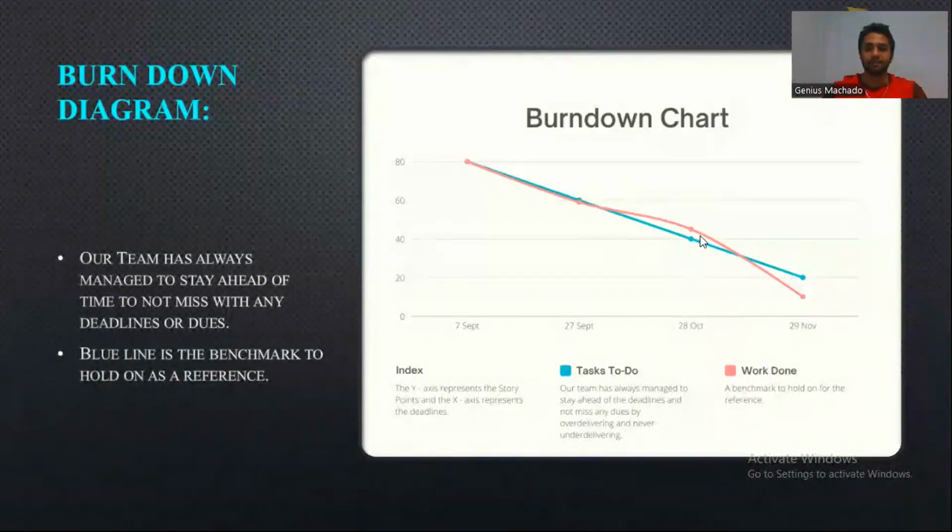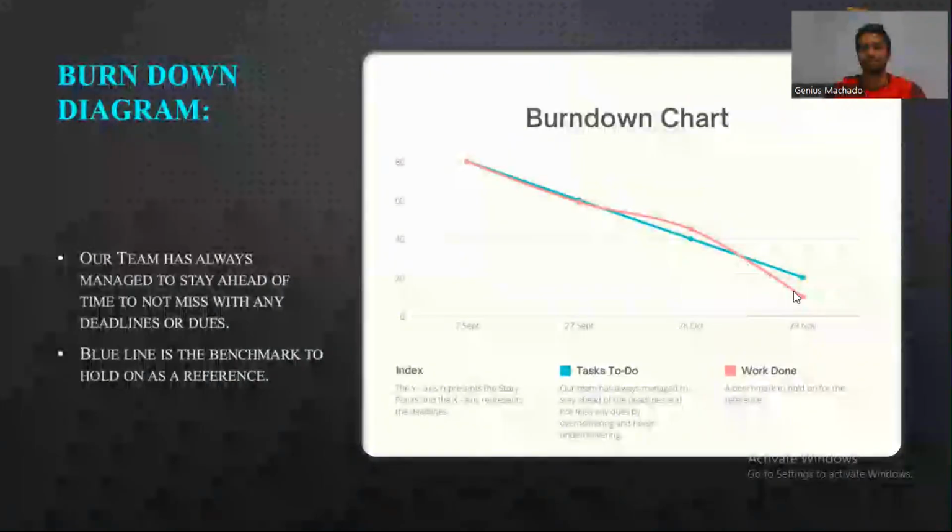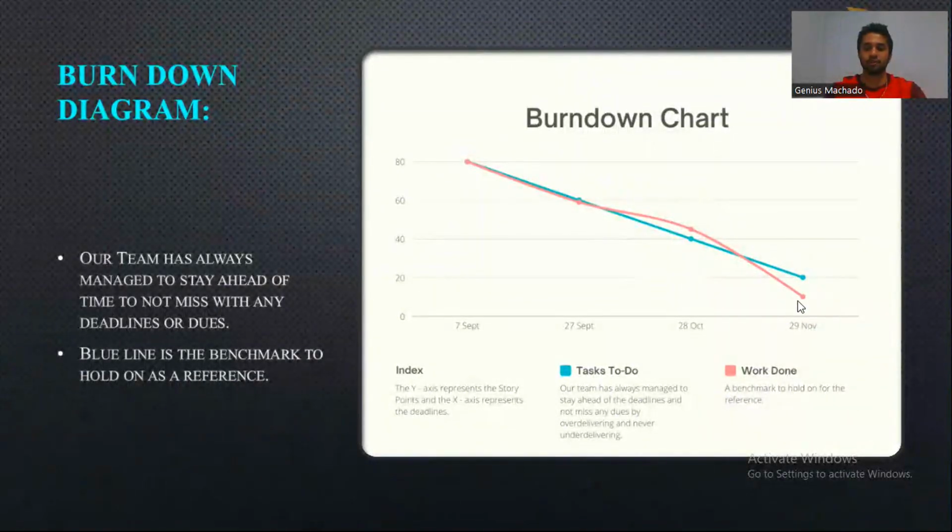So yeah, we had times where we had to over deliver, and we had times where the team was falling short of inputs or tasks. But we've managed to keep it going, and in all the graphs we always try to maintain the trend. And well, that's the burn down chart.